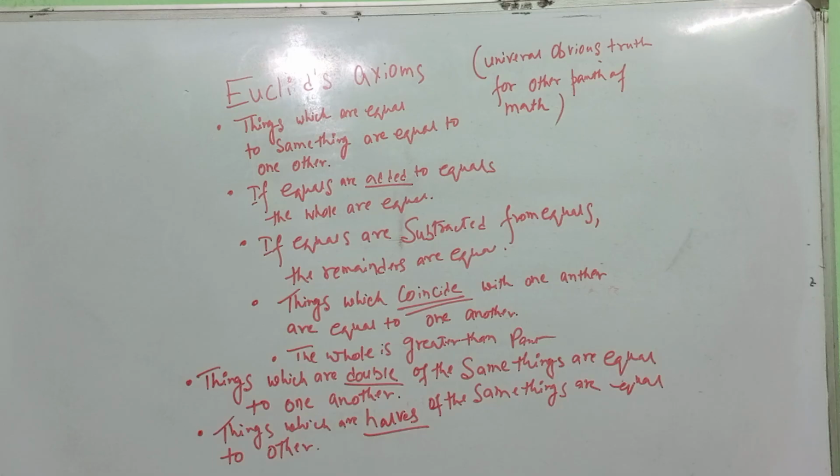So basically for this class, you just understand there are 4 postulates and 7 axioms.